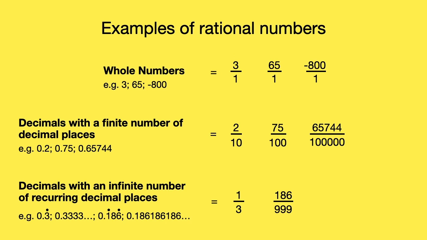Now, as I say, I don't want to go into too much detail on that now, but if you are interested in learning a bit more about the proofs behind how to convert those decimals into fractions in the form that we've been talking about, then I'll leave that in the description of the video so you can look at that in your own time. But basically, rational numbers can be defined as a divided by b, where a and b are both integers.